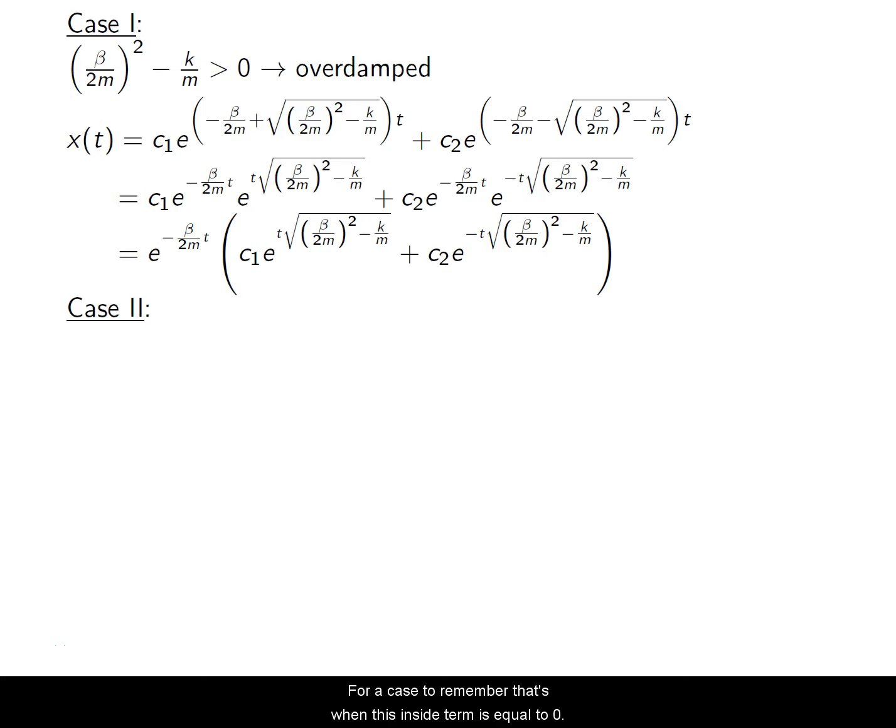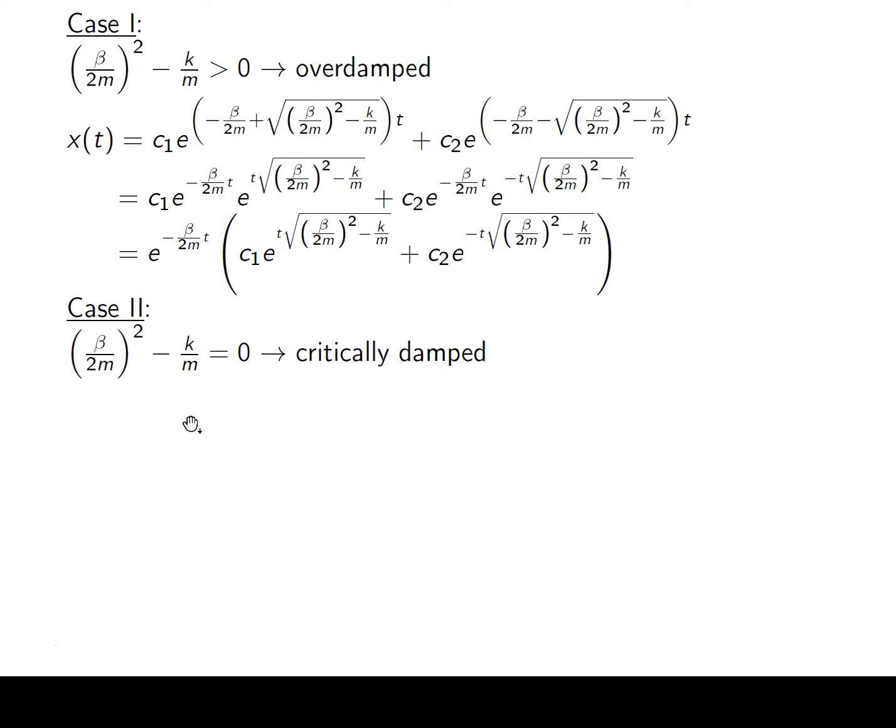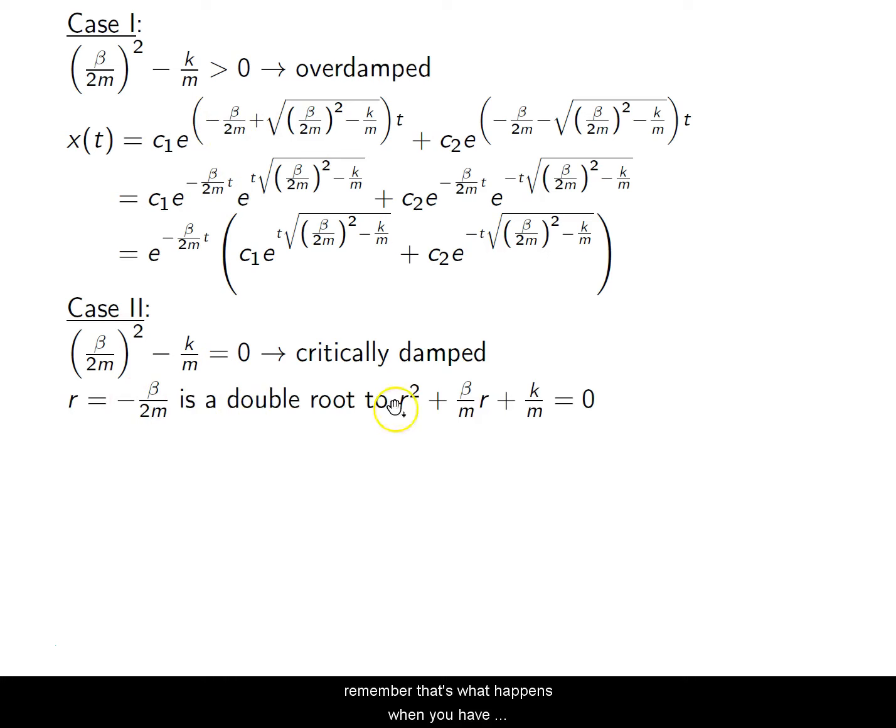For case 2, remember that's when this inside term is equal to 0. Okay, we call this critically damped, right? So what happens is that the discriminant portion goes away, and I'm left with just this negative beta over 2m. Remember, that's what happens when you have repeated roots. Okay, this is a double zero, meaning that this is a perfect square, so this shows up twice. Remember what happens when something shows up twice?